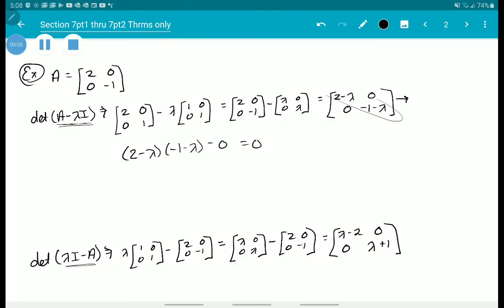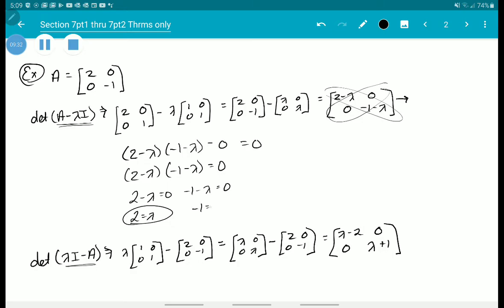So it's AD minus BC. So now we have 2 minus lambda times negative 1 minus lambda. That's going to be equal to 0. Now, this guy's already factored, so I can just set each factor equal to 0. So 2 is equal to lambda, and negative 1 is equal to lambda.